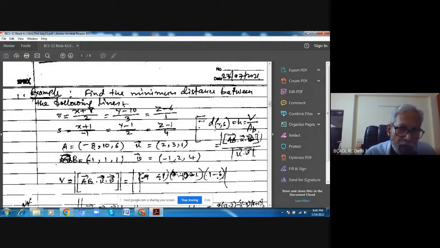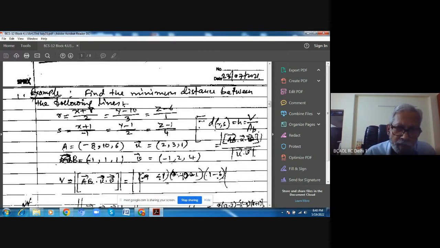From R, you can consider your line values 8, minus 10. Why does it change? You see, x plus 8 is equal to 0, so x is equal to minus 8.